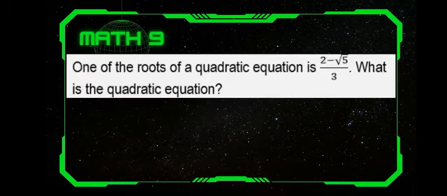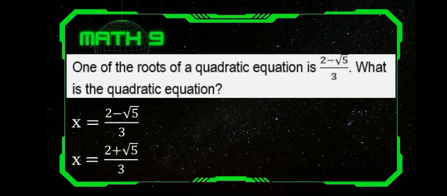One of the roots of a quadratic equation is 2 minus square root of 5 all over 3. What is the quadratic equation? We all know that the roots have positive and negative counterparts. So if given is 2 minus square root of 5 all over 3, the other root must be 2 plus the square root of 5 all over 3.